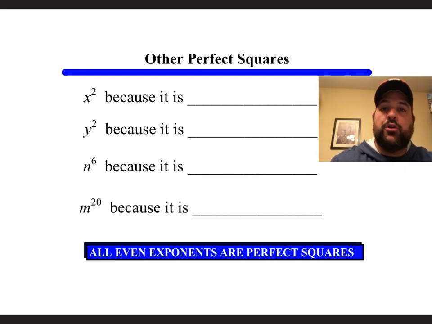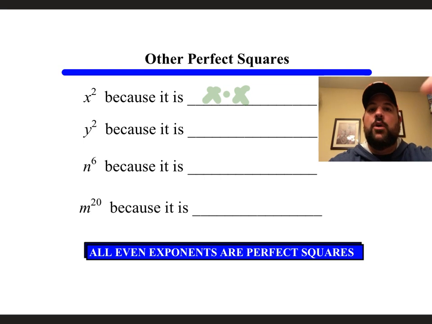We've also talked a little bit about variables being perfect squares. For example, x squared is a perfect square because it's x times x. We talked about y squared being a perfect square because it is y times y.